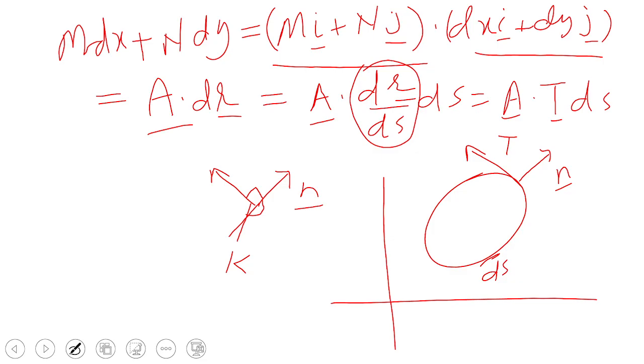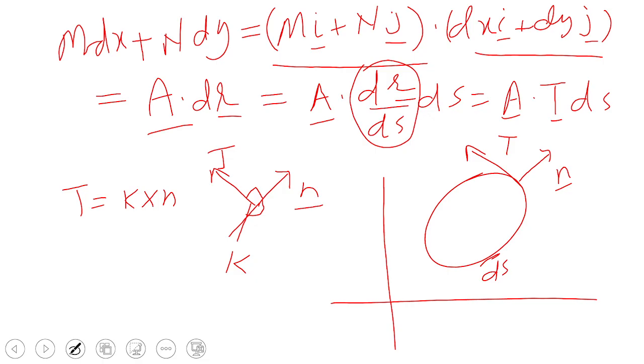So, the unit tangent can be written as k cross n. The unit tangent is equal to k cross n.